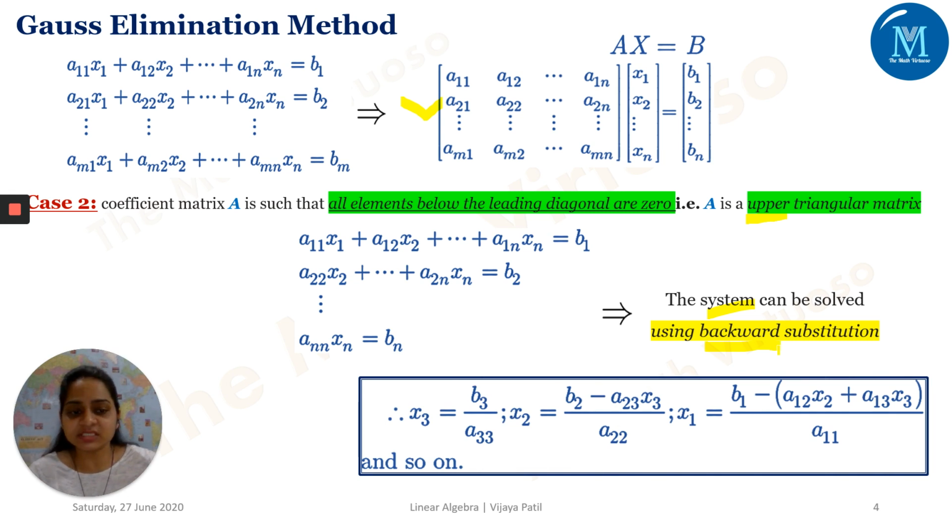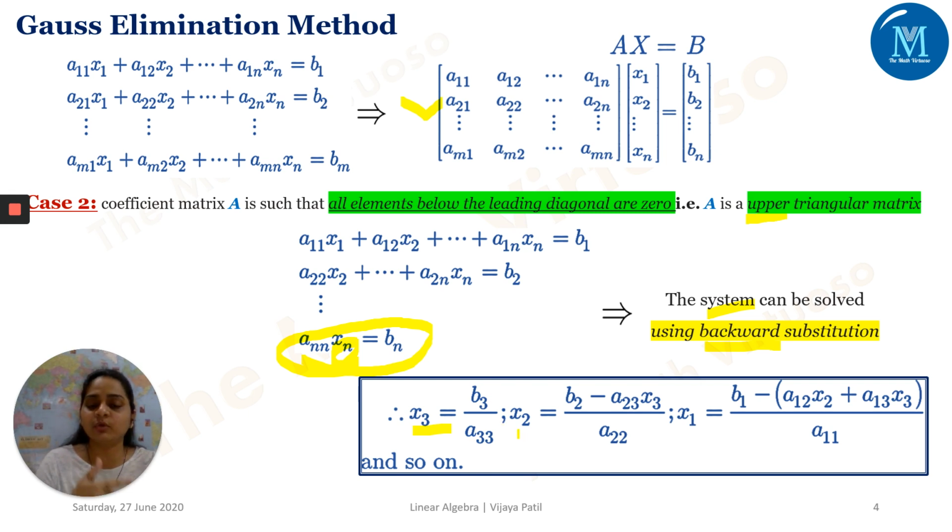If you observe this equation here, it's a nn xn equals bn. That means xn equals bn upon a nn, and so on. For example, let us consider that we have only three equations, with three unknowns. Then the last equation involves x3, so I will get x3 first: x3 is b3 upon a33.